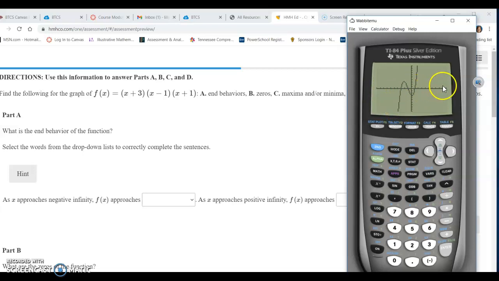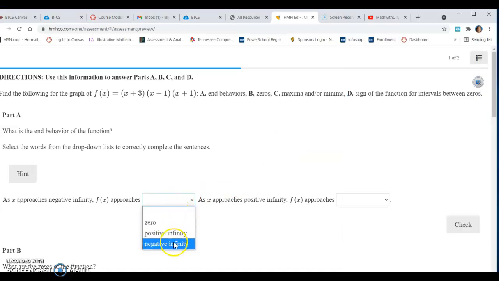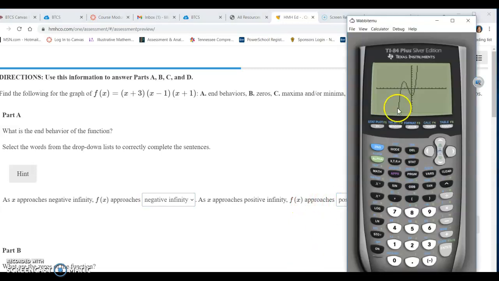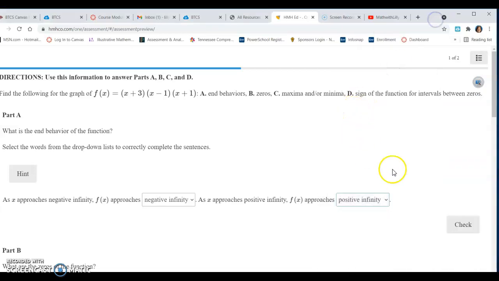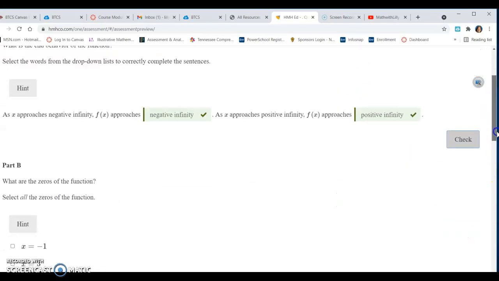As we go to the right, x's go positive, y's go positive. So let's fill that in. As x approaches negative infinity, f of x, or our y, also goes to negative infinity. As x approaches positive infinity, f of x also approaches positive infinity, because you can see that it's going up in that direction. That's our end behavior.